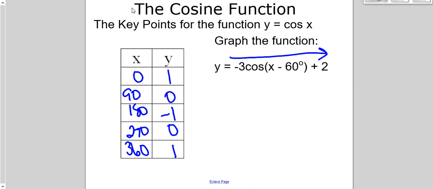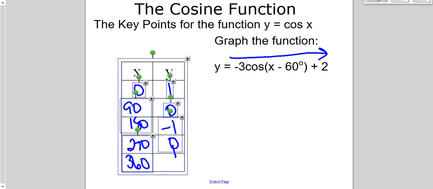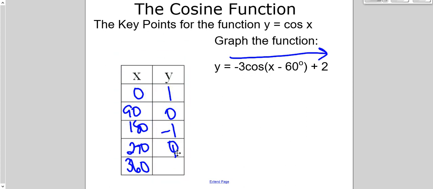What it means for my table of values, though, so let me just move this table of values down, is that I want to multiply all my y values by -3. And when I do that, I get -3, 0, 3, 0, -3. And then as I come across, I hit this -60.